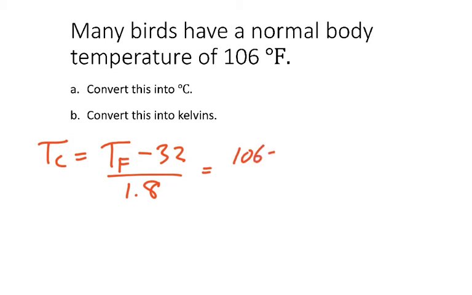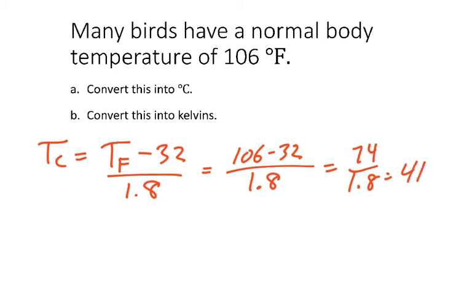So I have 106 minus 32 over 1.8, is 74 over 1.8, which is 41.1 degrees C. And again, you could say 41 degrees C to the nearest degree. Either one's fine.